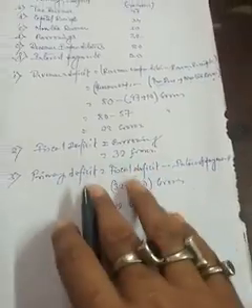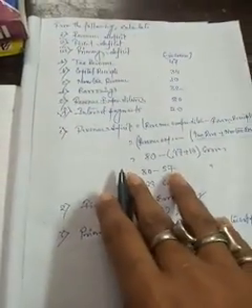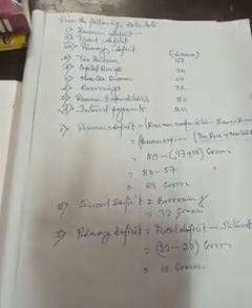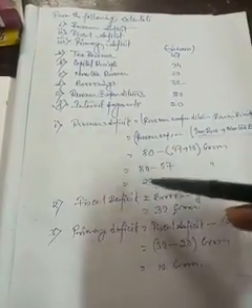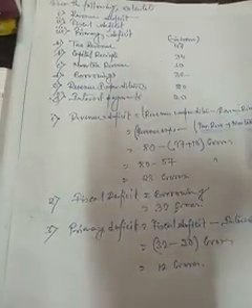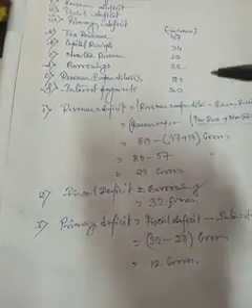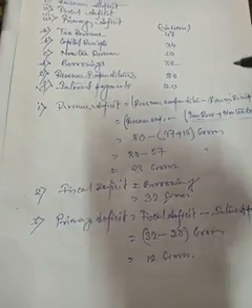Okay, so in this way we will find revenue deficit, fiscal deficit, and primary deficit. Okay, I will give you some sums to practice at home.